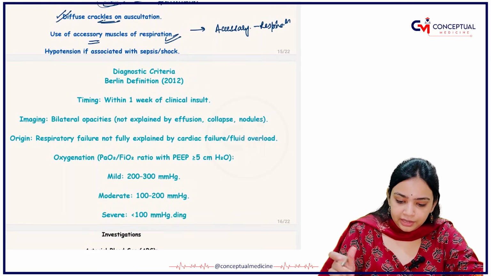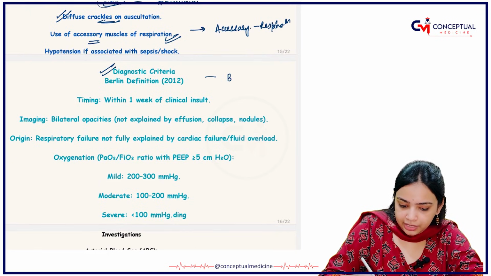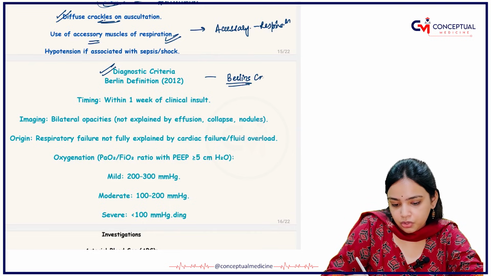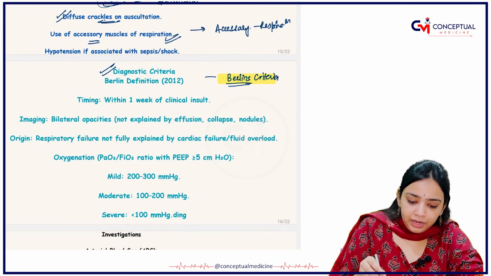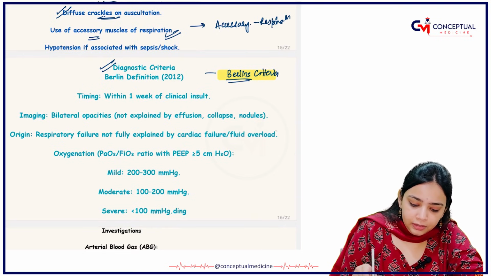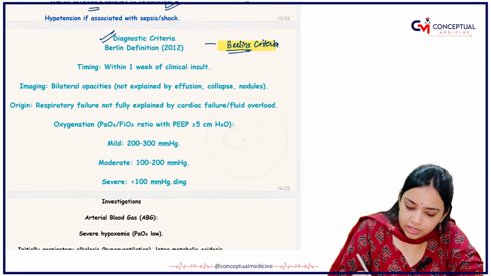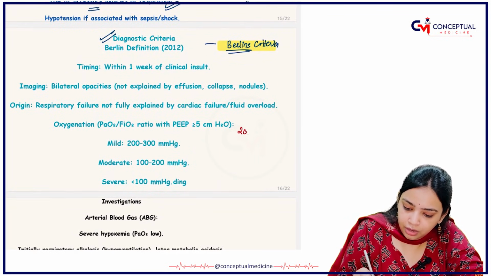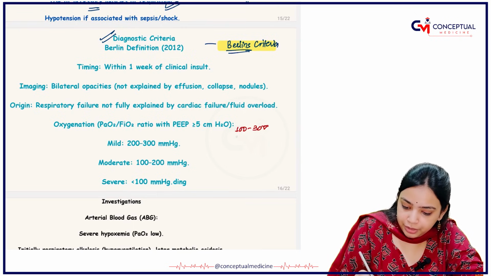What is the diagnostic criteria? We have a very important diagnostic criteria, that is your Berlin's criteria. What happens in the Berlin's criteria? You have a range of 100 to 300 millimeters of mercury.